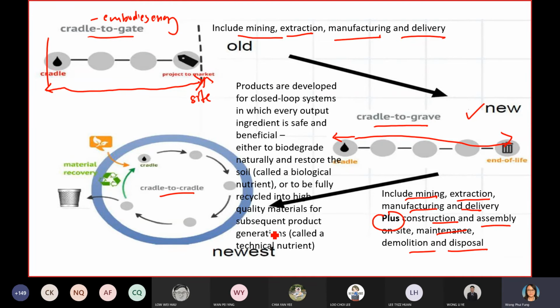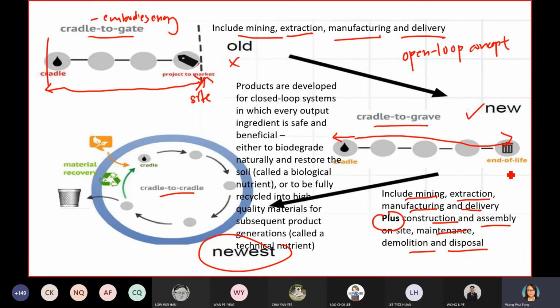Okay, but recently they think that these two are also not good. These two, the cradle to gate and cradle to grave, are what we call the open loop concept. Open loop concept means that you can see here, after delivered to the site, none of my business already.